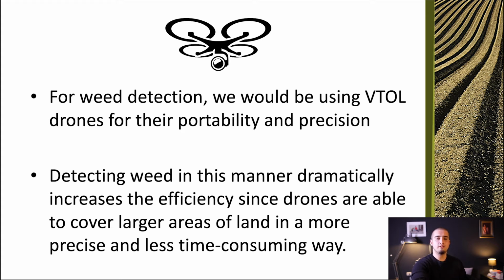So drones are already used in agriculture. We will be using, as I said, the VTOL drones for their portability and precision. They will be mounted with lightweight, adaptable multispectral cameras, which will be featuring RGB, red, green, and blue, and infrared sensors. Detecting weed in this manner will dramatically increase the efficiency, and overall it will make a much better alternative to manual checking, since drones are able to cover large areas of land in a more precise and less time-consuming way.